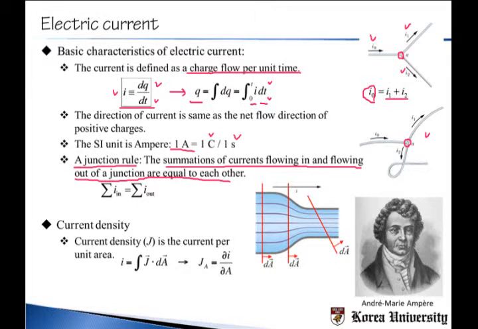This current is just like flux, so you can write it in the integral form, and this value, the J vector, is called the current density. If you differentiate the current with area, then this is the current density.